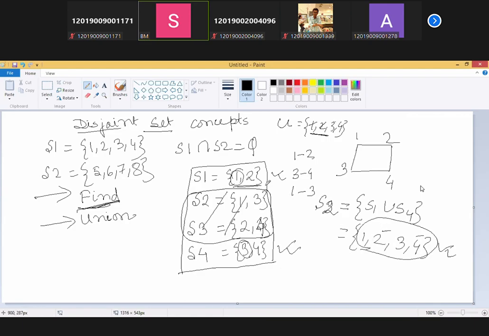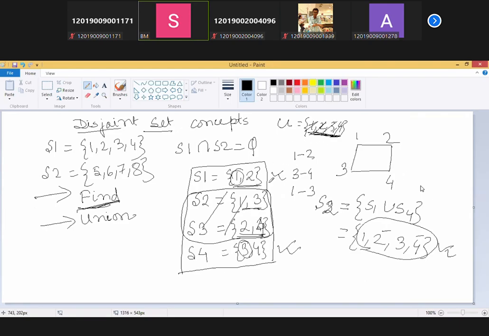If your vertices are from the universal set, you can take 1 and 2 one time and 3 and 4 another time. You know that these are the lines: 1 to 2, 1 to 3, 2 to 4, 3 to 4. These are the lines.